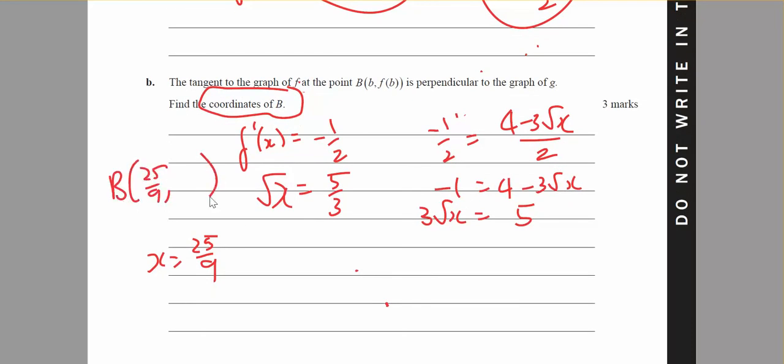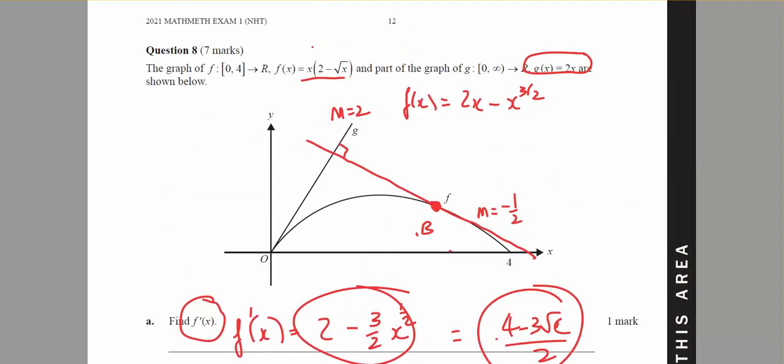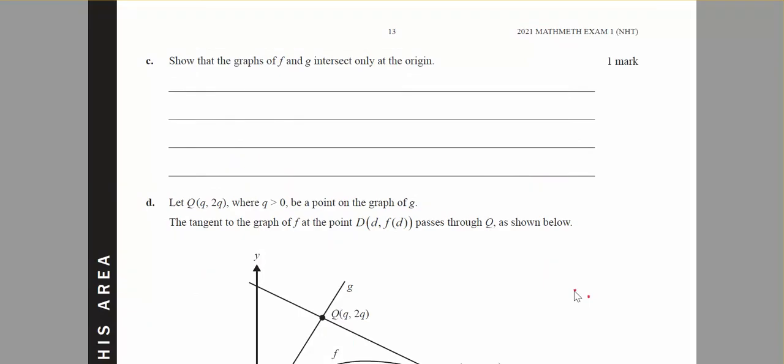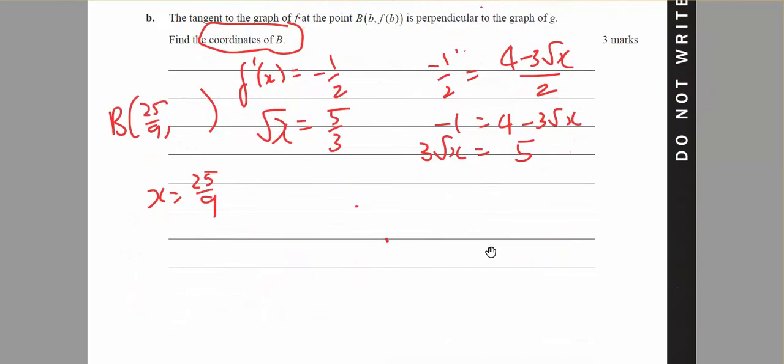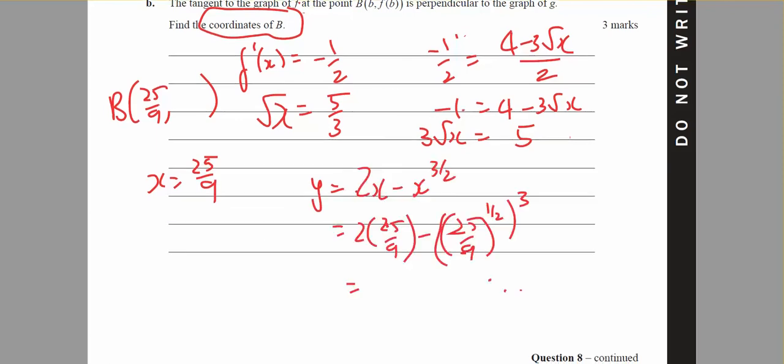And then I need to sub 25 on 9 into the original. And the original is this, 25 on 9. So y will equal, so I've got 2 times 25 on 9, which is 50 on 9, minus, I'm going to split my 3 and 2 into a half and then cubed.